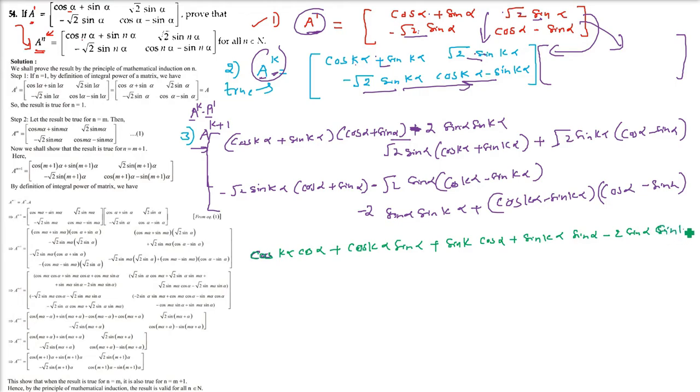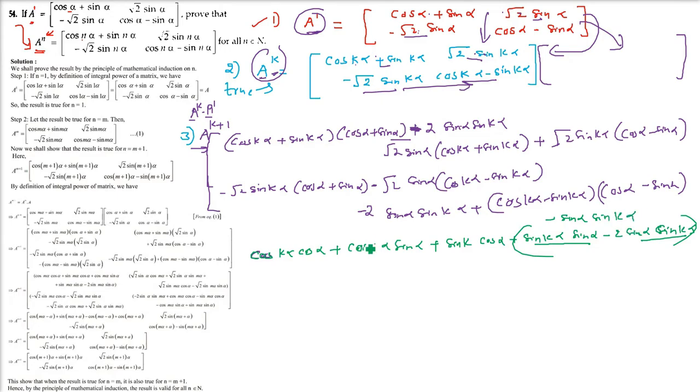But you see here, sin k alpha sin alpha is already there. So sin k alpha sin alpha minus 2 sin alpha sin k alpha is equal to minus sin alpha sin k alpha. These two we are taking and subtracting. Let us subtract it. So what do we get? Sin alpha sin k alpha negative.